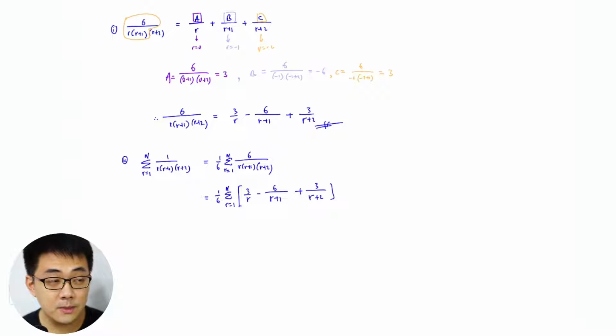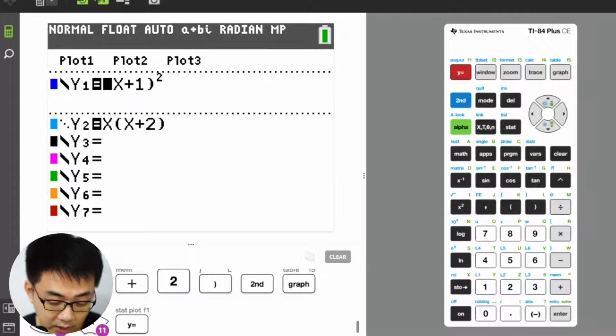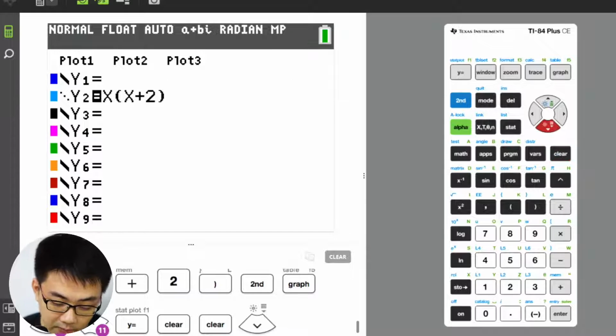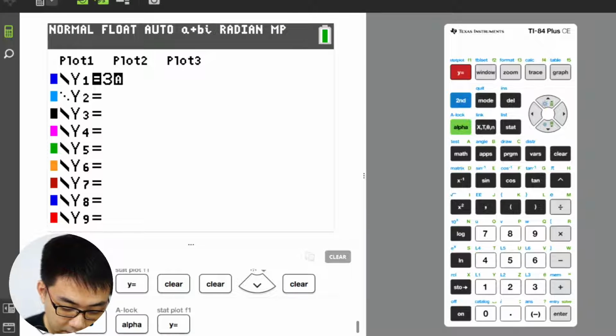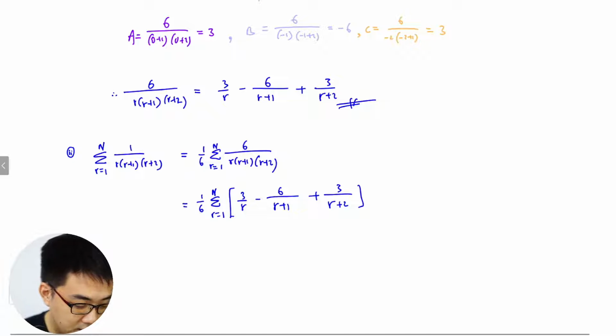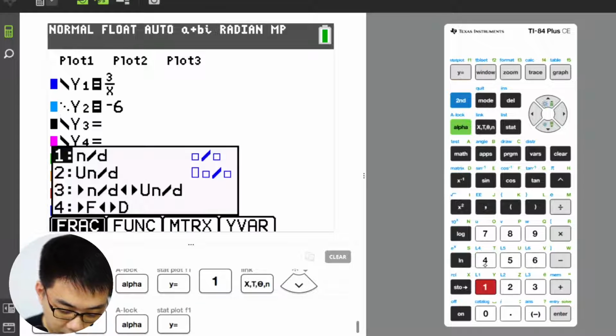Now for 3 terms, it's not easy to see the pattern. So what I encourage students to do is just use your GC. Bring out your GC here. It's not something you wouldn't know how to do, it's more of something you never thought of. You can actually use GC to list all these terms down. 3 over r, so you just put this as x here. Then you put negative 6 over r plus 1.